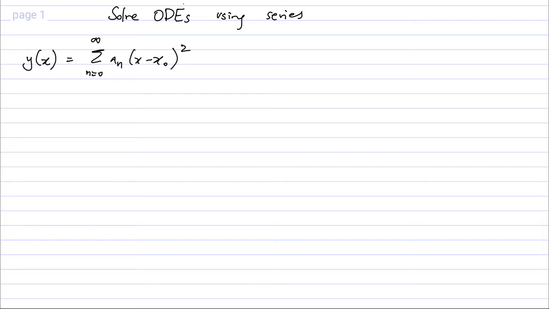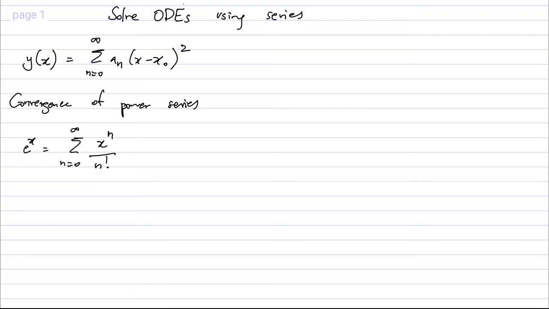Of course, given a power series, there's always the issue of the convergence of the power series. For some values of x it may converge, and it may converge for all values of x, from minus infinity to plus infinity, as is the case, for example, for the power series for e to the power x. Remember, e to the power x can be written in this form, x to the power n divided by n factorial, and this power series converges for all values of x.